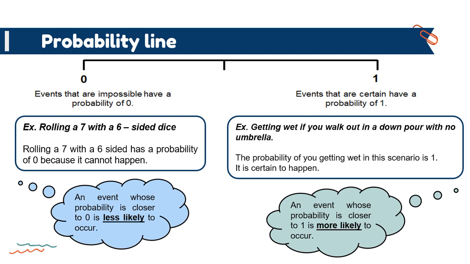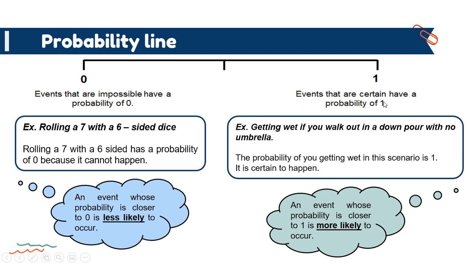Events that are certain have a probability of 1, or another term for certain po is sure. So, kumbaga, 100% na mangyayari talaga yung given na event na yon. Example, getting wet if you walk out in a downpour with no umbrella.